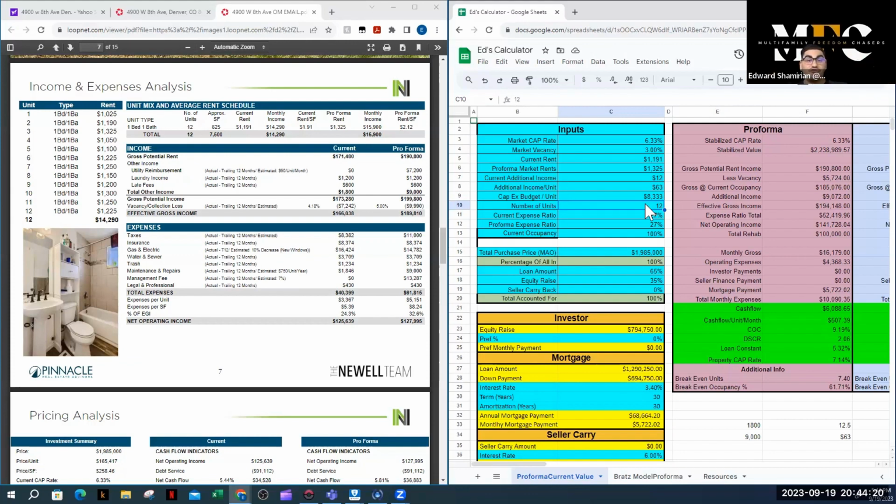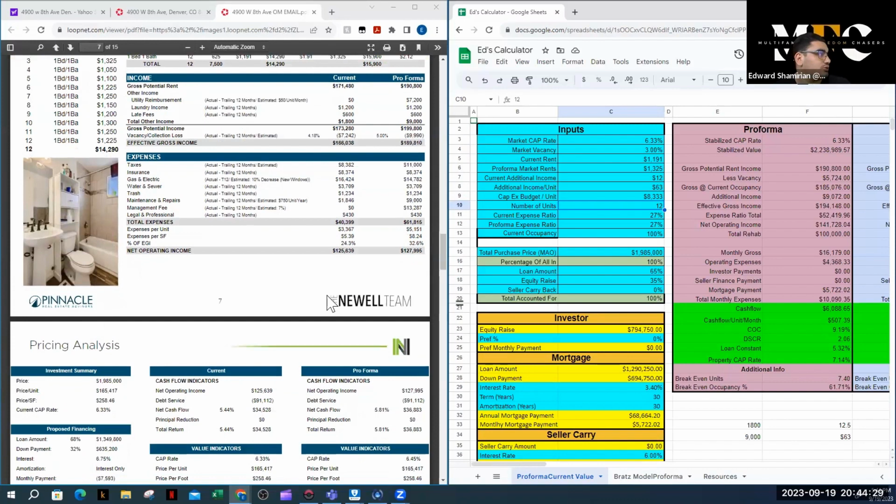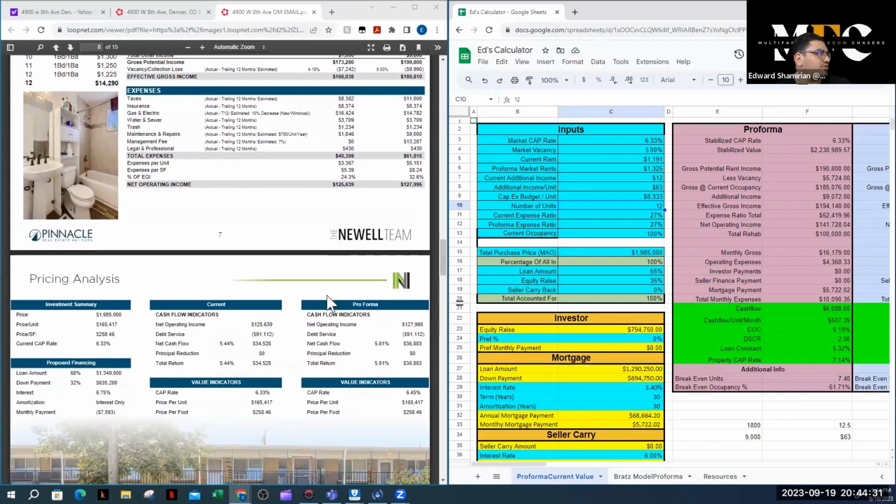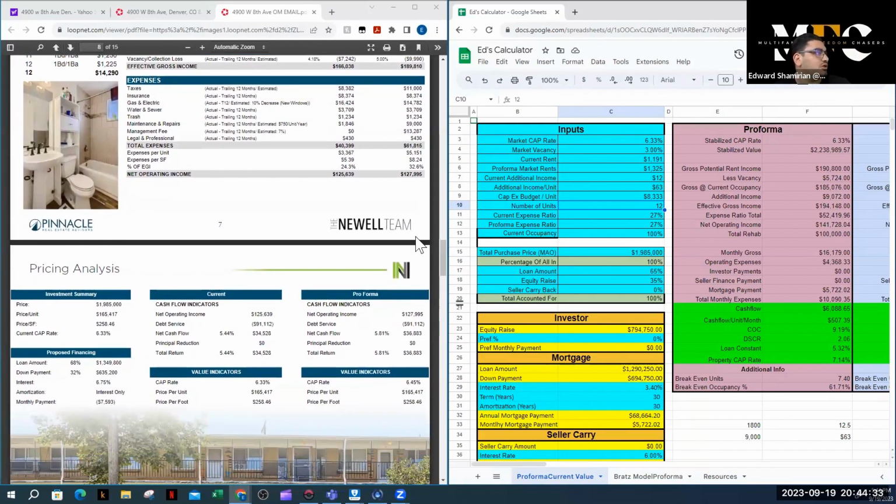I could be way off, but just so you guys have an idea of how I got there, I'm literally just spitballing. But again, at the end of the day, it's gonna take a little more homework than that. I just don't know enough about this area. So you see how here their expense percentage ratio is 24 and 33 on the pro forma side.